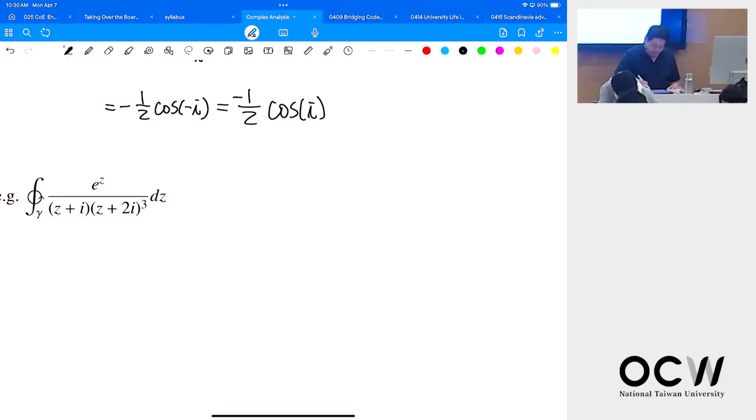You can see we know there's a pole at minus i and minus 2i. Now let me give you the gamma here.